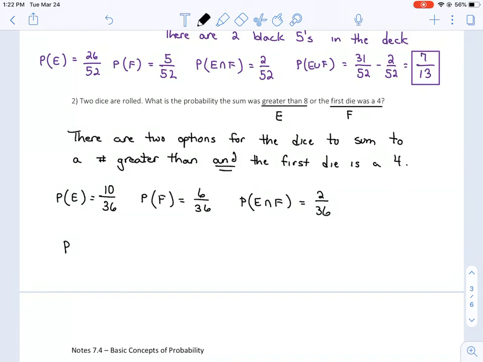So the probability that E or F occur is 10 divided by 36 plus 6 divided by 36 minus 2 divided by 36, which is 14 divided by 36, which is 7 divided by 18.